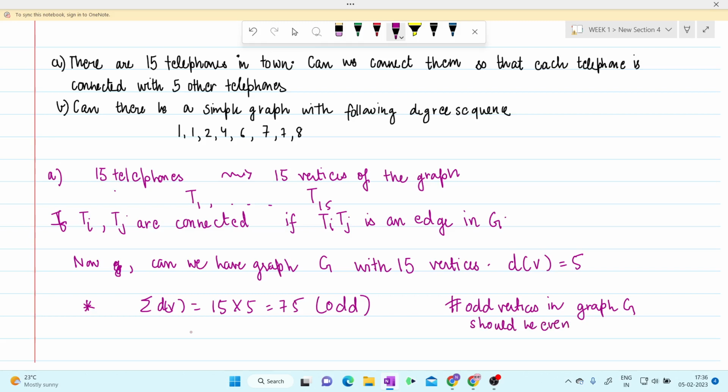Since all the vertices have degree 5, all the vertices here have odd degree. So we have 15 odd vertices. That is not possible. So the answer to A is no. We cannot connect 15 telephones in a manner that each is connected with 5 other telephones.